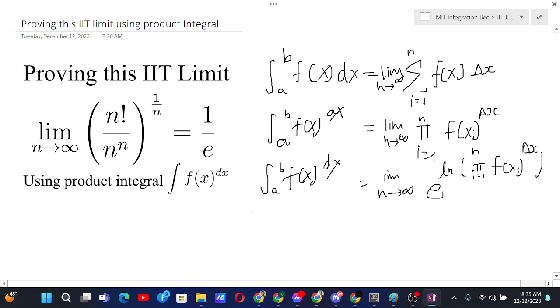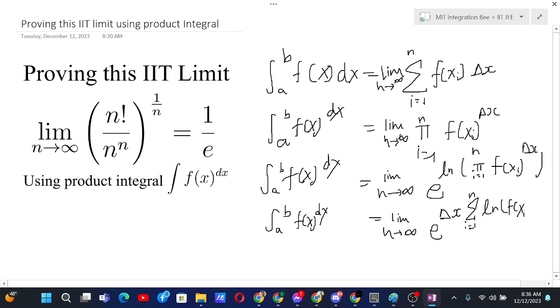Now the product integral from a to b of f of x to the power dx will be the limit as n tends to infinity of e to the power delta x times the sum from i equals 1 to n of ln of f of xi. Yeah, ln of a product will be the sum of ln. Now we can take the limit to the exponent.